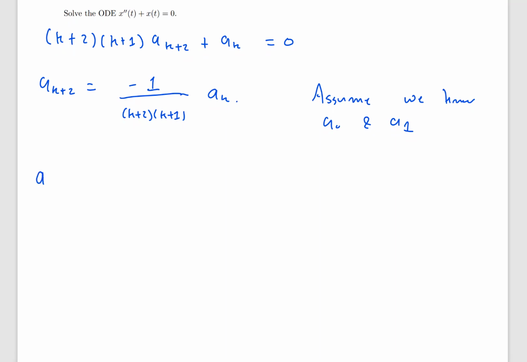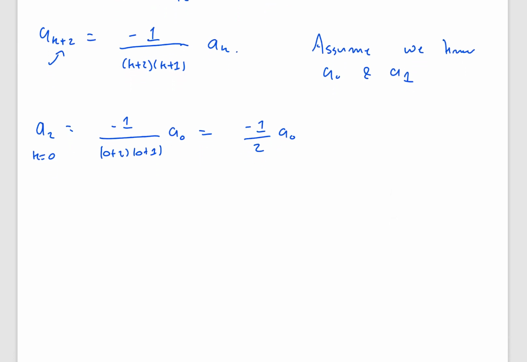Then we can compute a_2. We want to use this formula to compute a_2. In this case, k is equal to 0, and so a_2 is equal to -1 over (0+2)(0+1) times a_0, or this is -1 over 2 times a_0. So a_2 is equal to -1/2 times a_0.